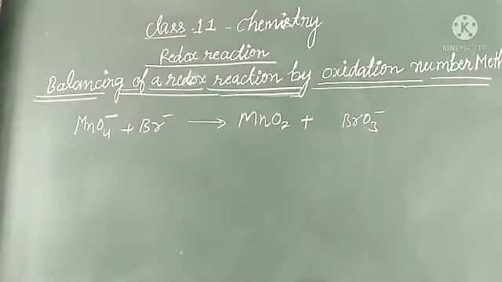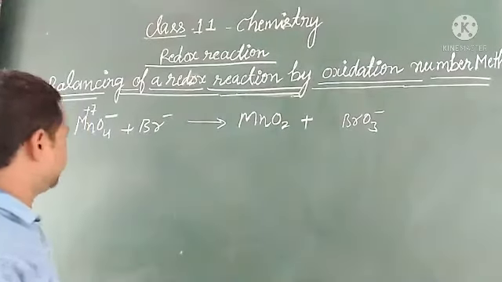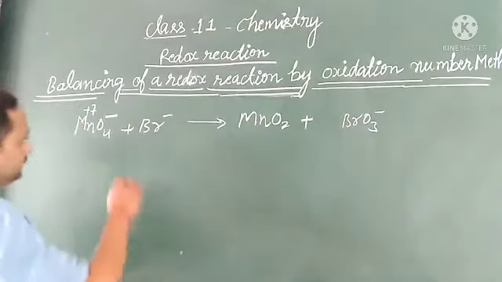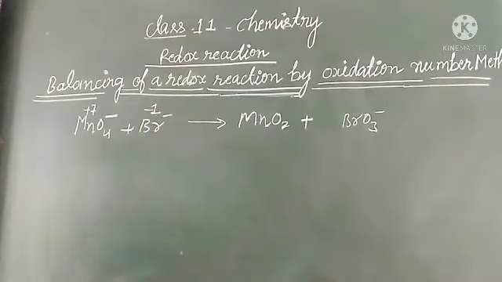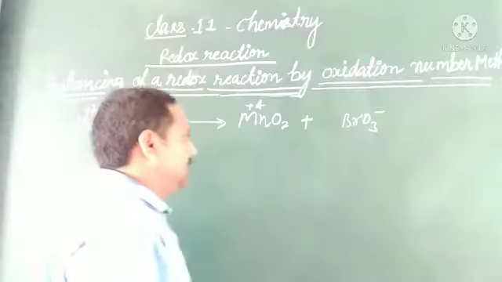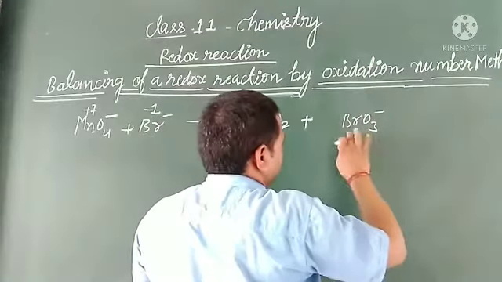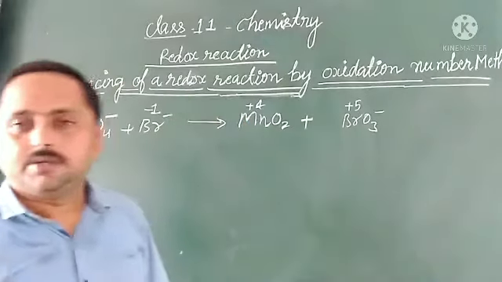Here we have to find the oxidation numbers. The oxidation number of Mn is plus 7, and you know that the oxidation number of oxygen is fixed at minus 2. Next, the oxidation number of bromine here is minus 1, in MnO2 the oxidation state is plus 4, and in BrO3 minus it is plus 5. You got it?